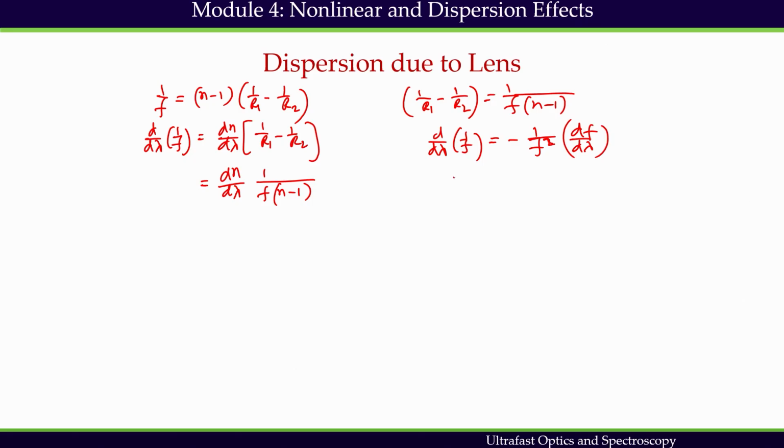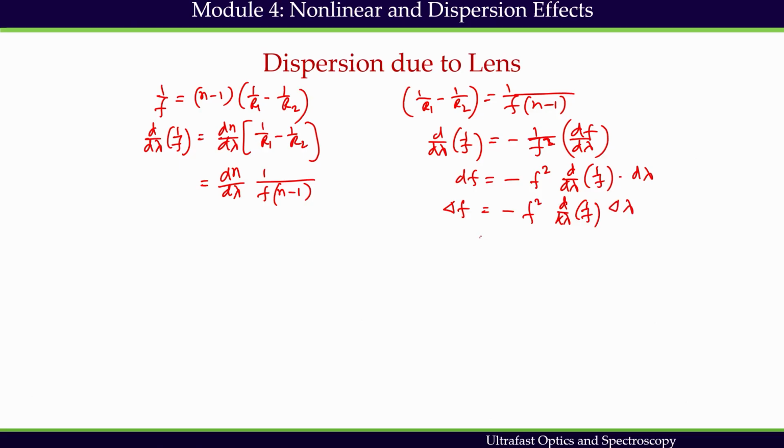So I can write df as minus f squared times d/d lambda of 1/f multiplied by delta lambda, if we consider the spectral width.